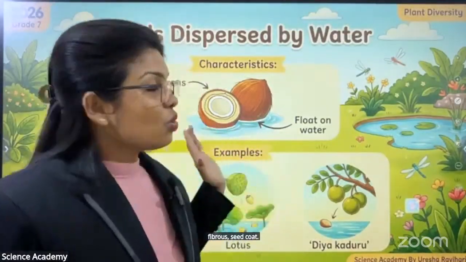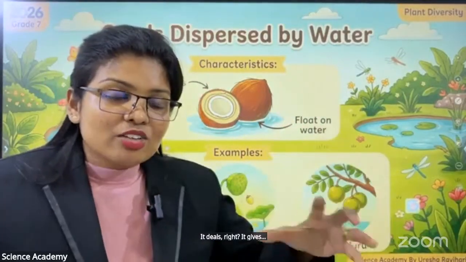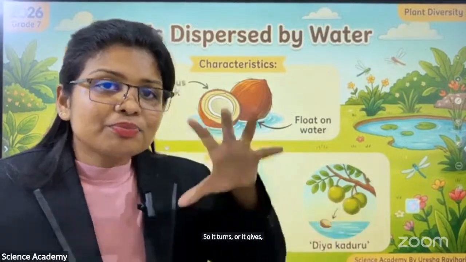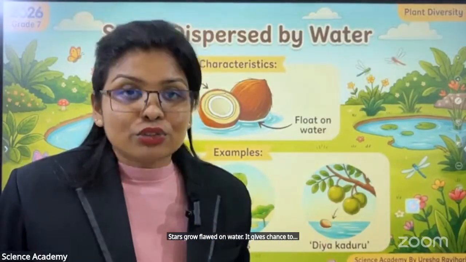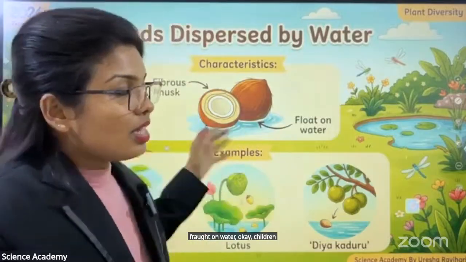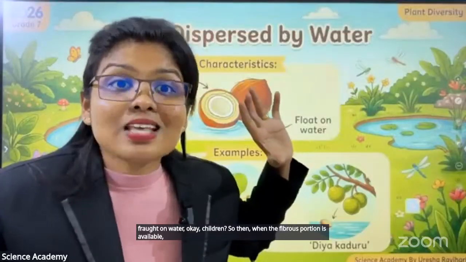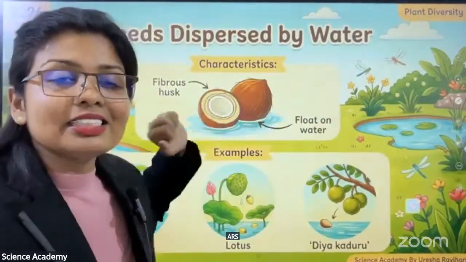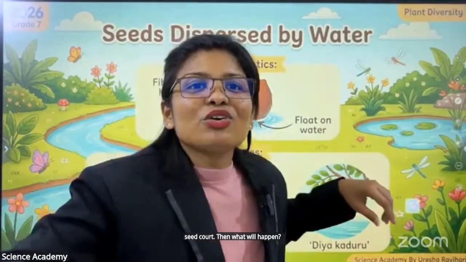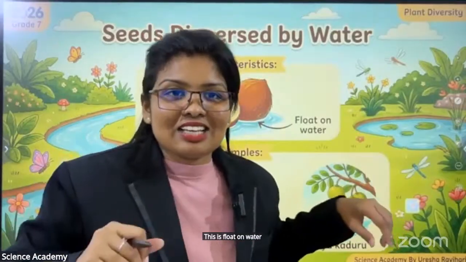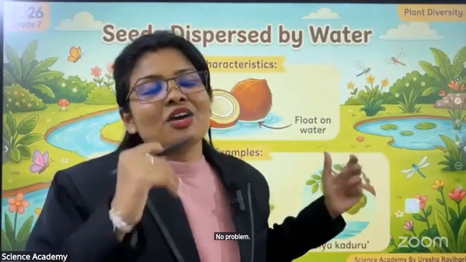Then it gives a chance to float on water. When the fibrous portion is available, there are air sacs inside this seed coat. Then the seeds float on water very easily, whatever the size, no problem. It just floats.